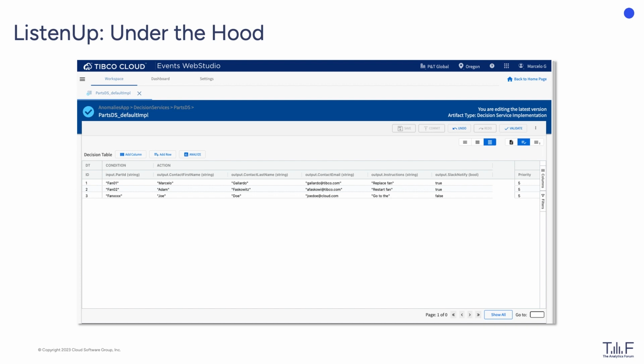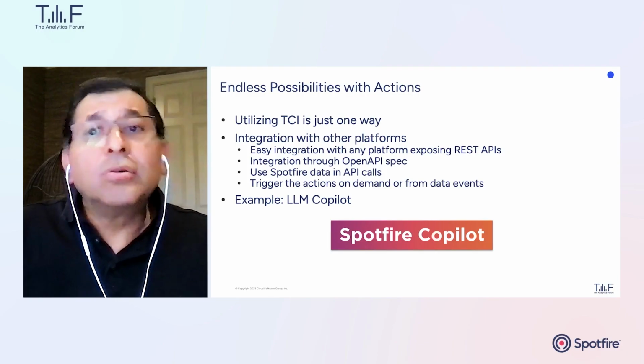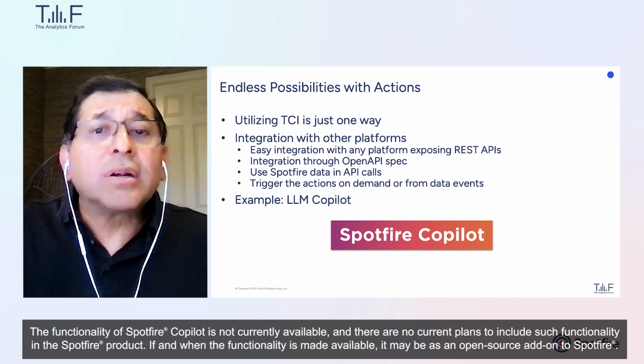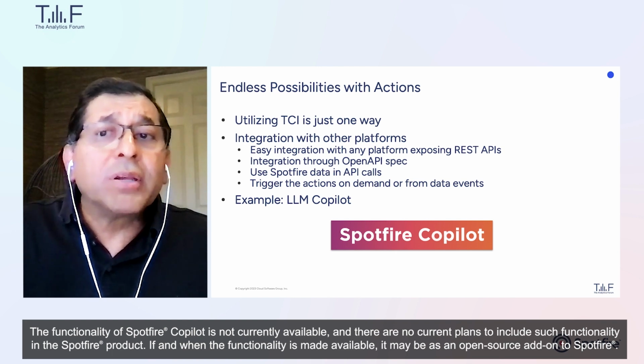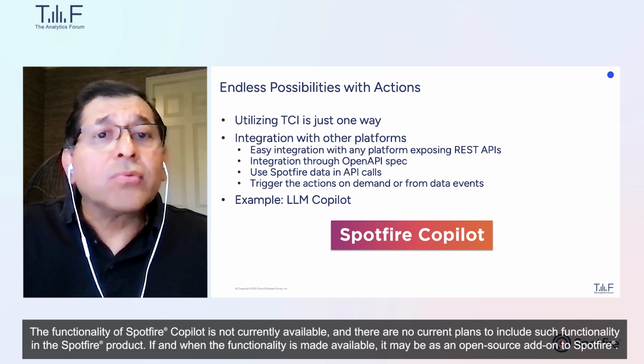In this case, we allow the users to specify preferences for the delivery system to use, like email or Slack for notifications, as well as to select specific recipients for the notifications based on the source of the event. So the possibilities with actions are endless, and this can be accomplished with typical TCI or with any platform of your choice, as long as the tools provide a REST interface.